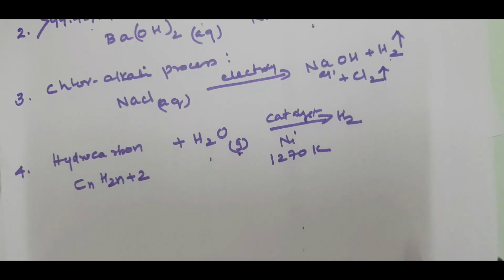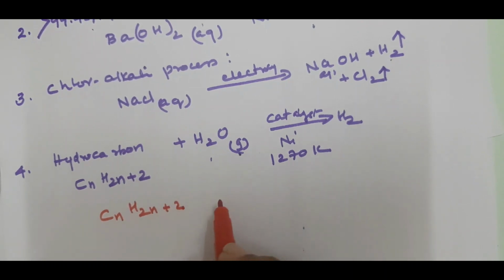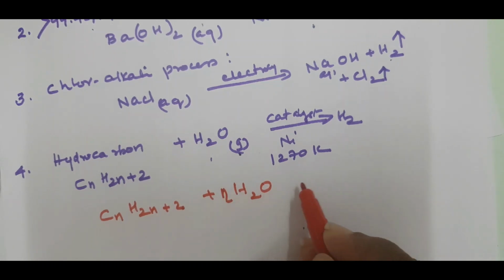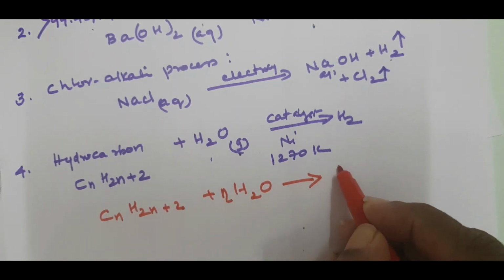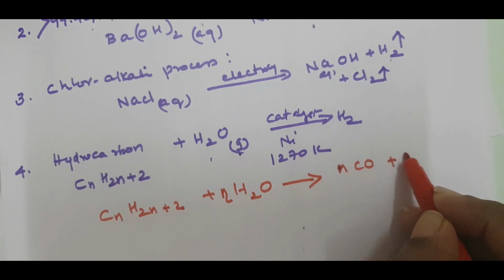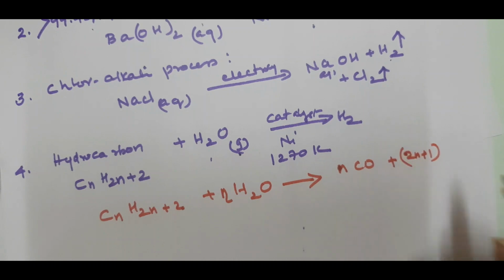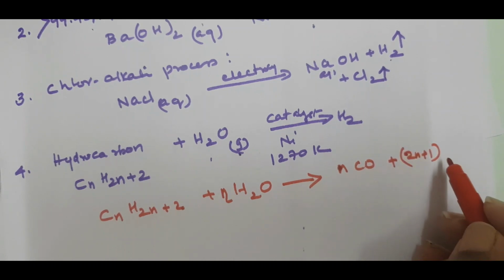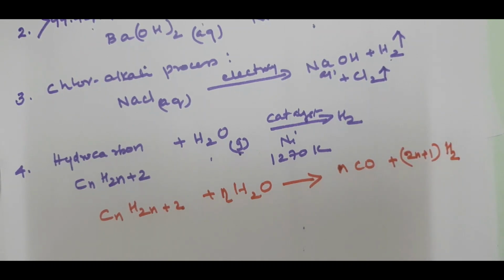Now, if I want to give a general equation for this: CnH2n+2 is a hydrocarbon, correct? Plus steam, that is water in the gaseous state, will give you nCO plus (2n+1) H2.